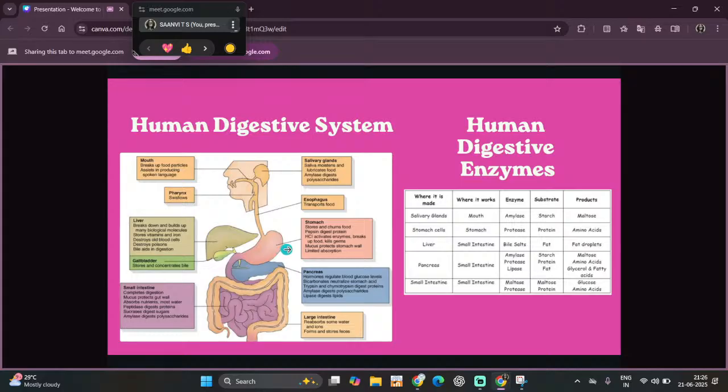One of the key functions of hydrochloric acid is that it kills any harmful organisms that might cause an infection. The enzymes produced in the stomach digest proteins, so they are called proteases. Proteases digest proteins and convert them into amino acids.